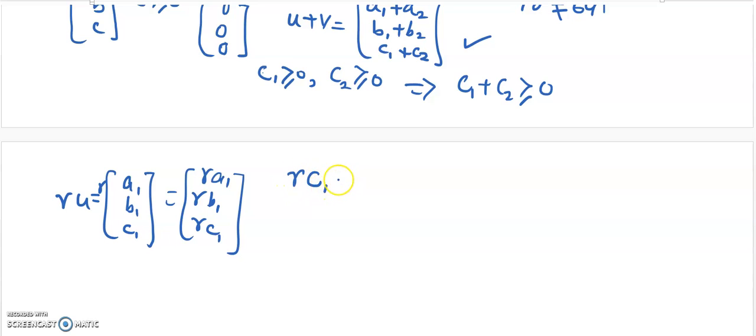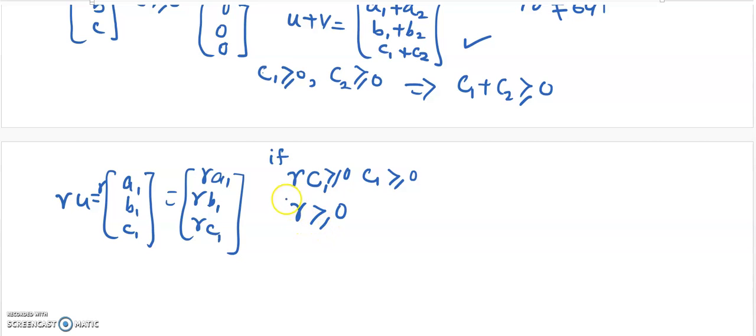We know that c1 is greater than or equal to 0. If rc1 has to be greater than or equal to 0, then r should be greater than or equal to 0.